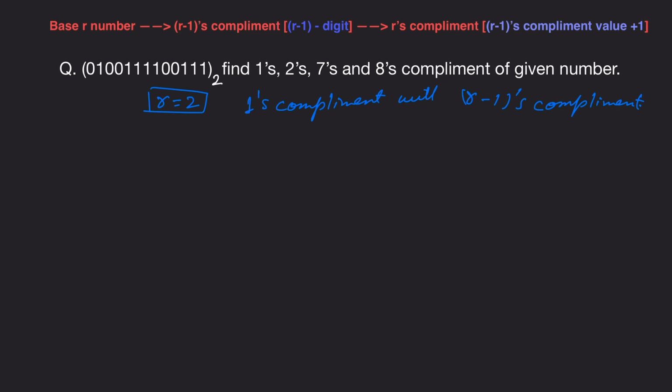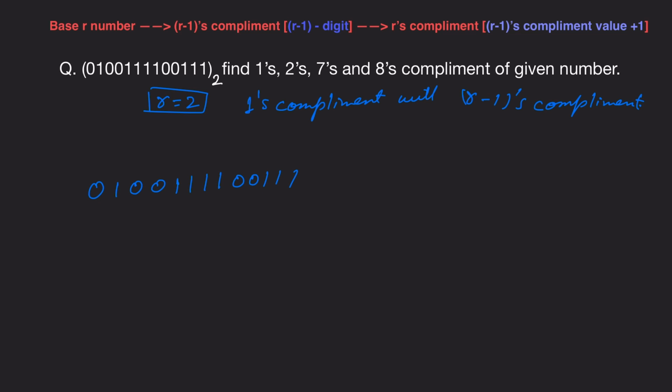Use this formula. How many digits does it have? 3, 3, 3, 3, 3, so 15 digits. So first write the number: 0, 1, 0, 0, 1, 1, 1, 1, 0, 0, 1, 1, 1.